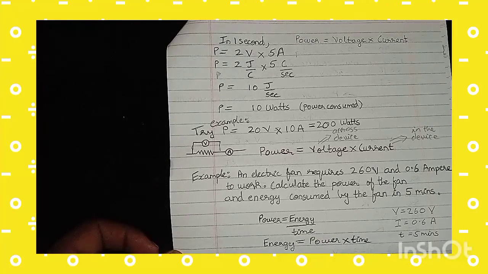So P is equal to 2 joules per coulomb into 5 coulomb per second. The coulomb and coulomb get cancelled and the answer would be 10 joules per second. Joules per second we have already covered earlier. So P, for power, is equal to 10 watts. This is the power consumed.